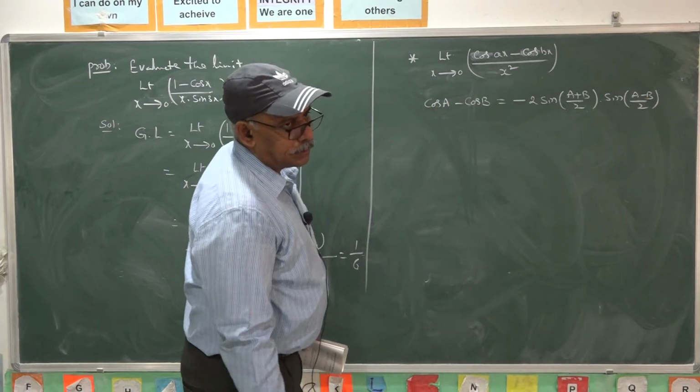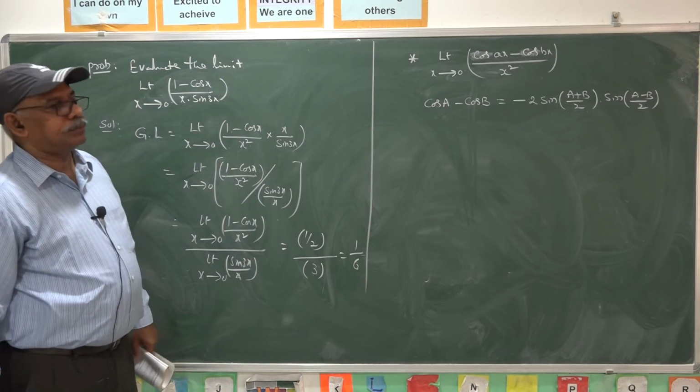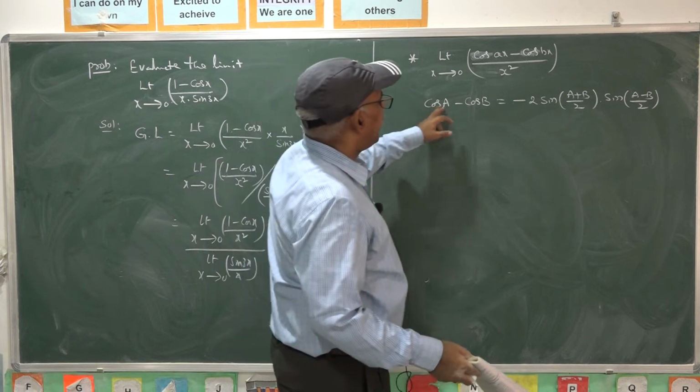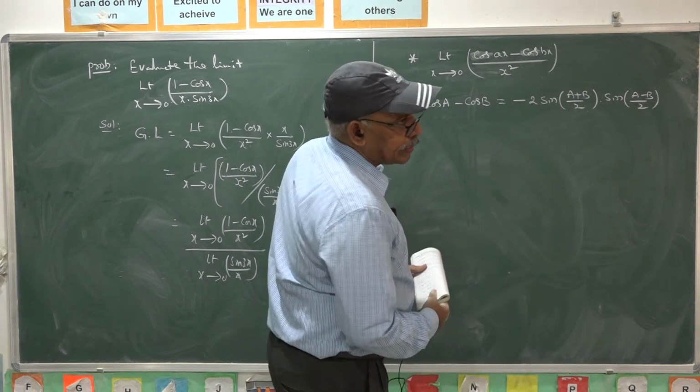This is our transformation. Cos c minus cos d transformation: minus 2 sine c plus d by 2, sine c minus d by 2.